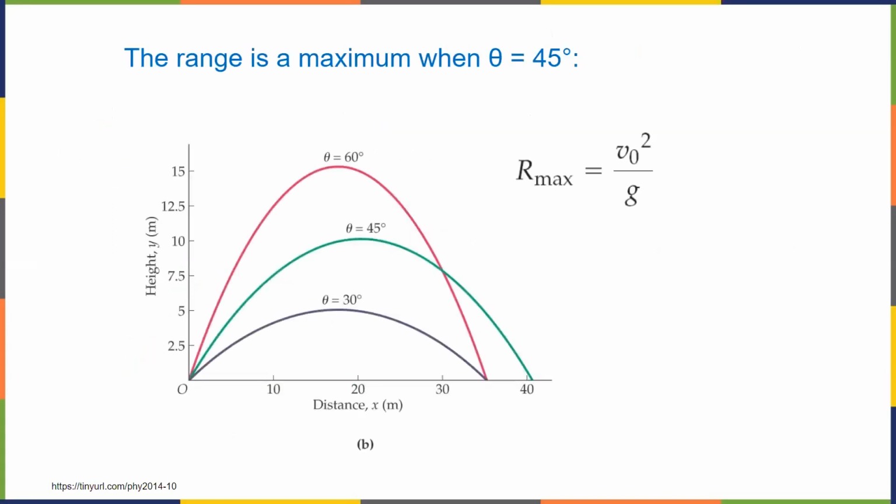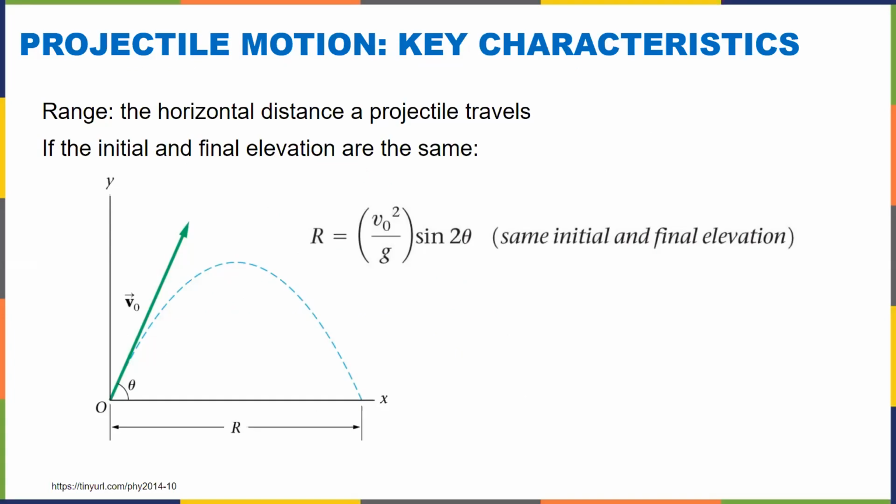With that range equation, you can see that the range is determined by the initial velocity, the speed, and the launch angle. If the initial speed is fixed, for example if you are kicking a ball, you might just have a limit on the force you can exert on the ball, so the initial velocity has a fixed limit.